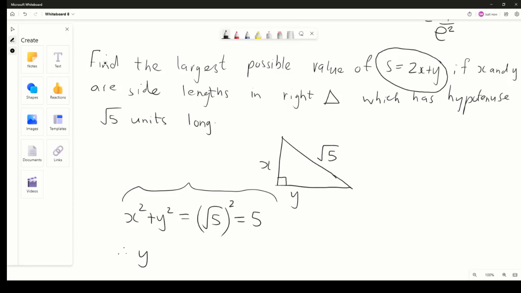Because ultimately we will want to write this function s in terms of x or y alone. So from here, y is equal to square root of 5 minus x squared, clearly, right? Therefore, if I look at my original function s here, I can write y as that now. So that function only becomes a function of x.